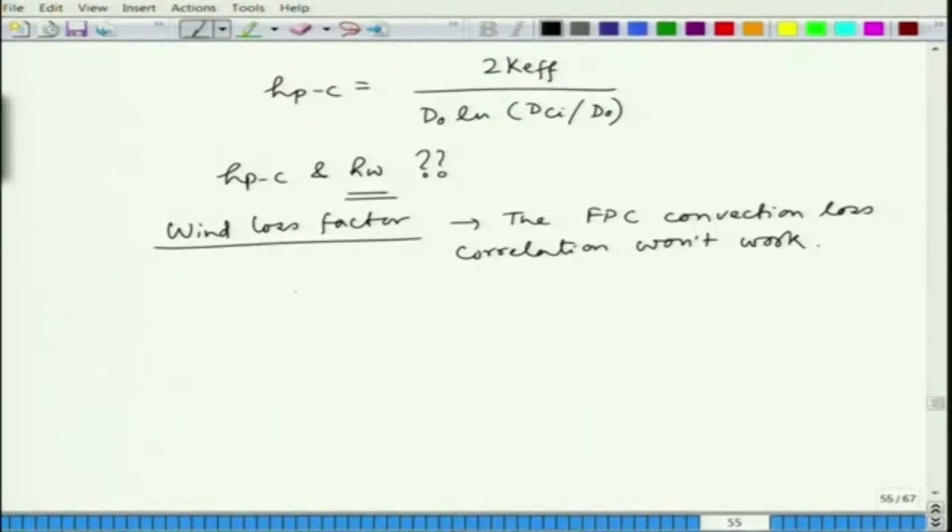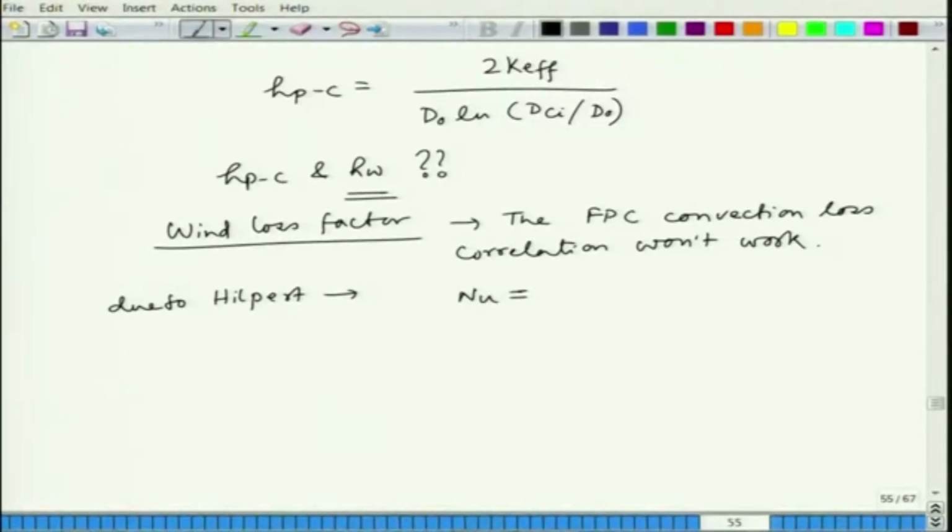Okay. So, the correlation that we use, that is due to Hilpert, and that correlation is in terms of the non-dimensional number, right. All the time the correlations are written in terms of non-dimensional number, because you can use it for different size of the same geometry. Okay.